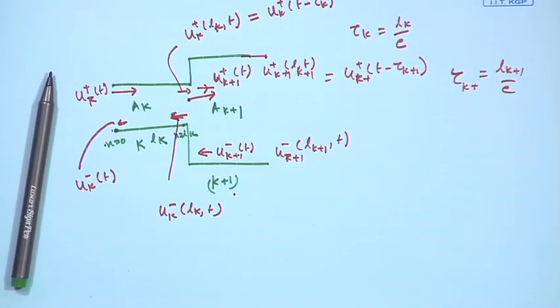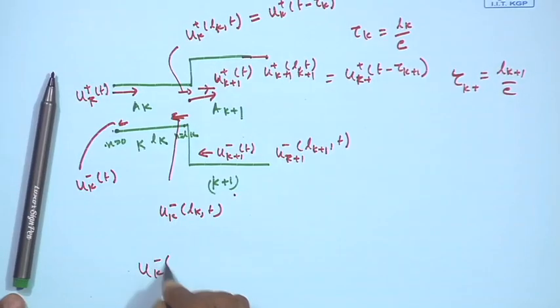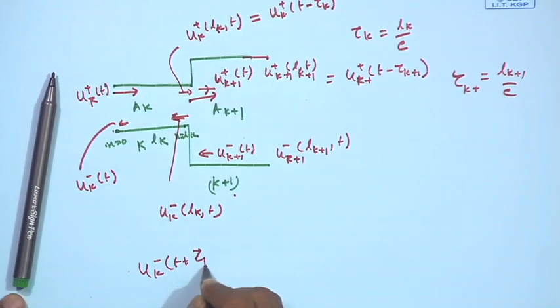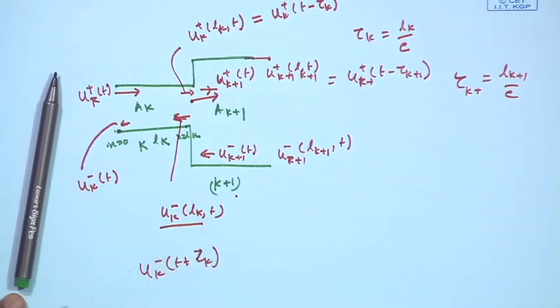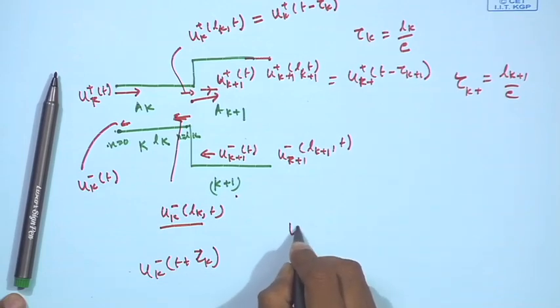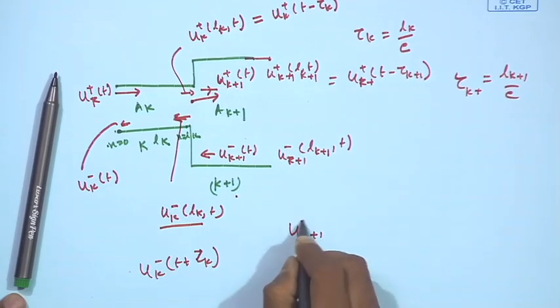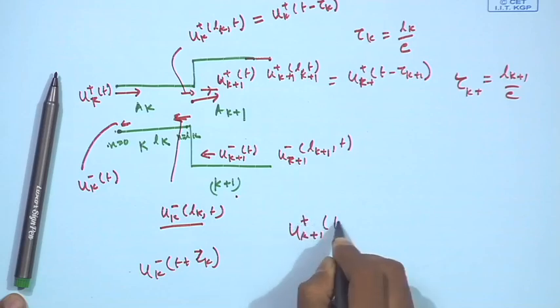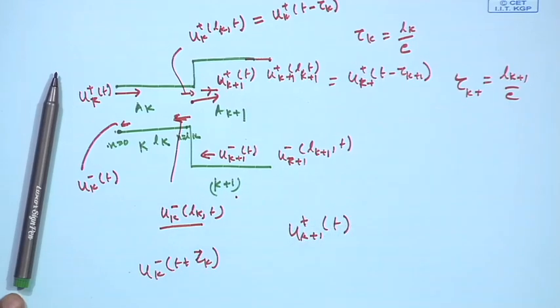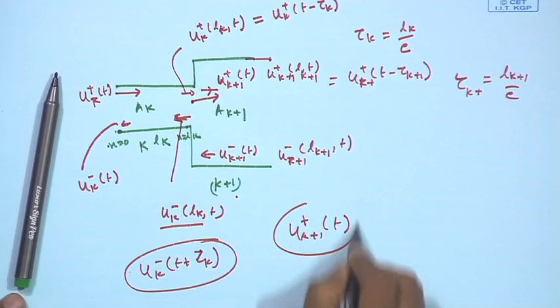That I have to find out. So, I want to know the expression of u_k^-(t + tau_k), and I want to find out u_{k+1}^+(t). These two expressions I want to find out.